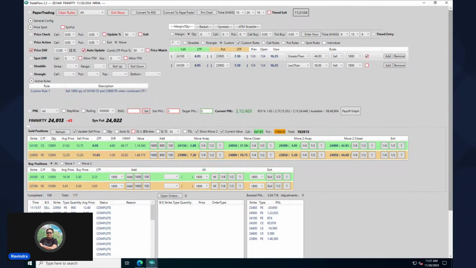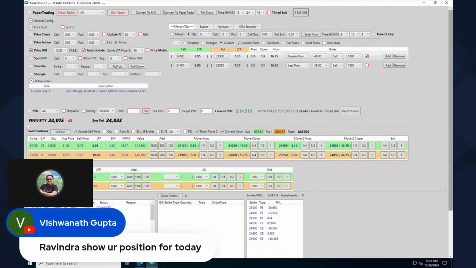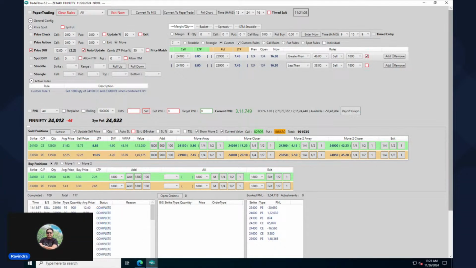All right, so this is trade flow. I think, yeah, I did show the positions anyway. That's fine. And as of now, it's very straightforward. The quantities are 13,500 and 12,800. For the December month, I did have positions, but this morning I exited mainly because I have to get some capital.